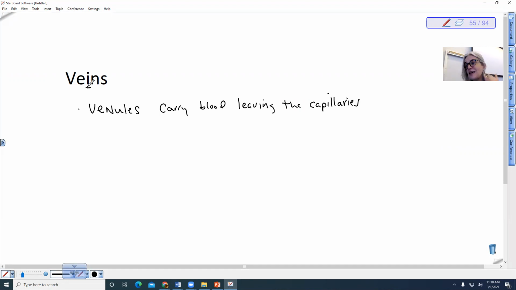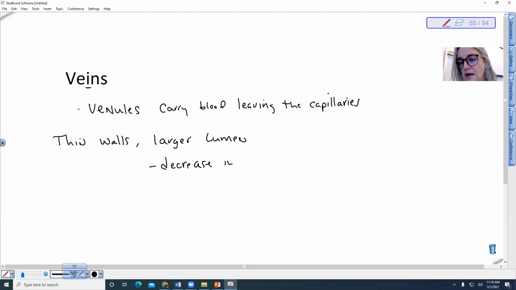When we look at some of the characteristics of venules and veins in general, they have thin walls. This decreases friction and resistance, and they tend to have a large lumen. So this causes a decrease in the resistance to blood flow.